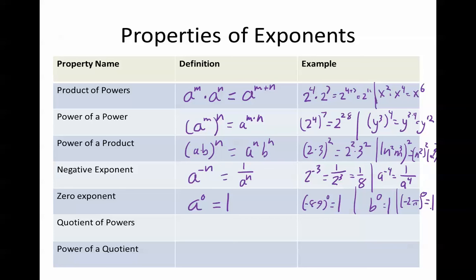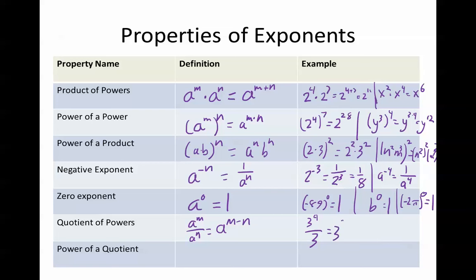All right, we're almost done here. Quotient of powers says when I divide like variables, the exponents are subtracted, a to the m minus n. So if I had 3 to the 4th divided by 3, notice that's 3 to the 1st, right?